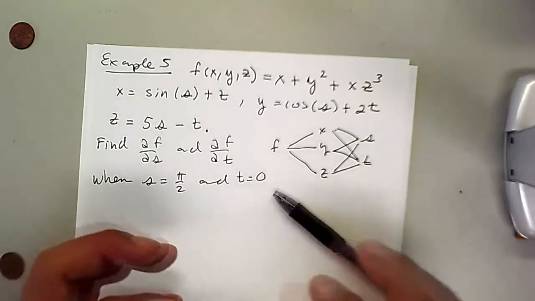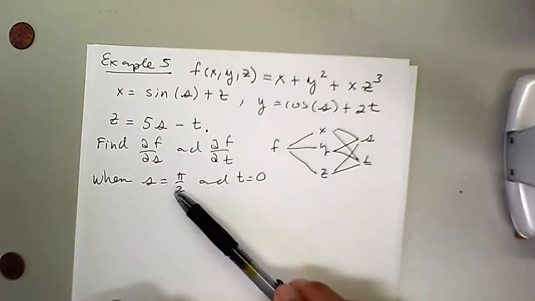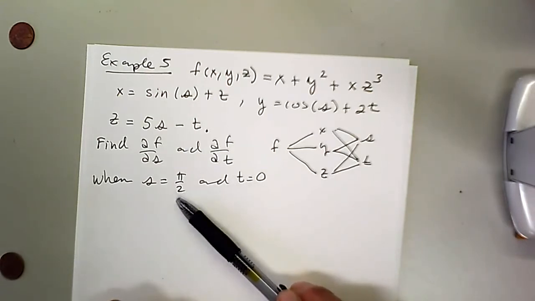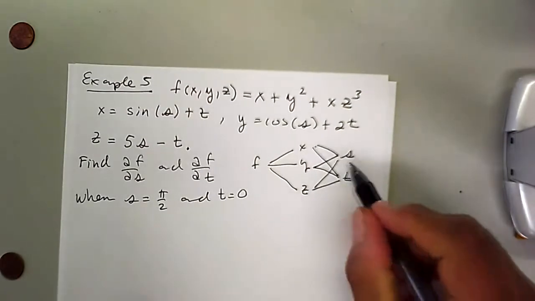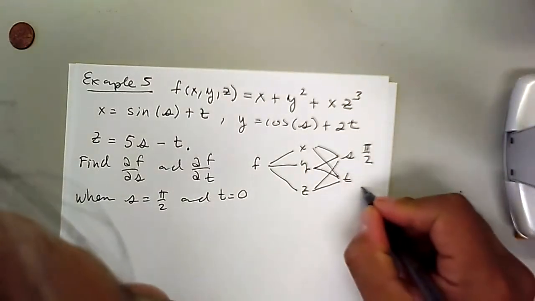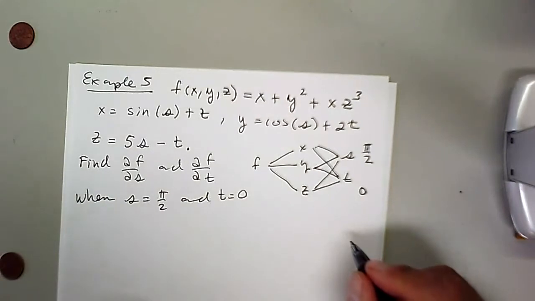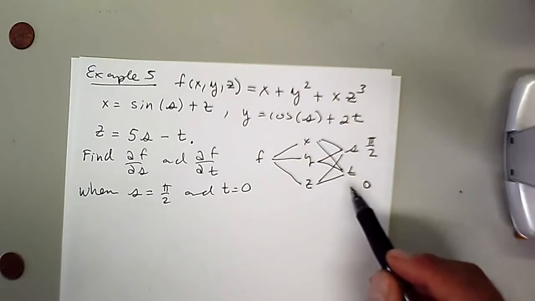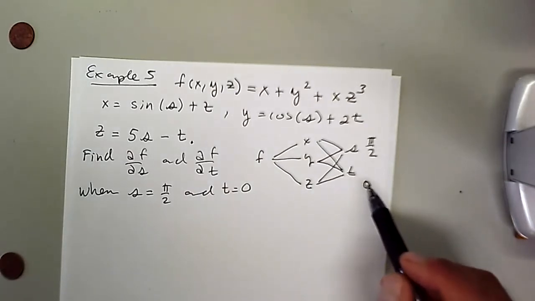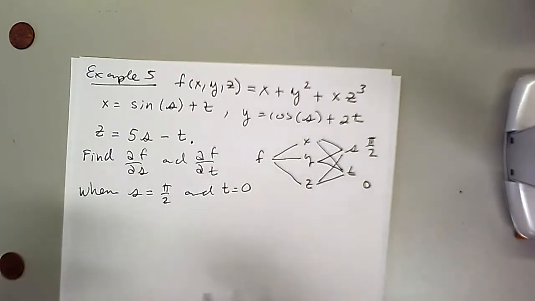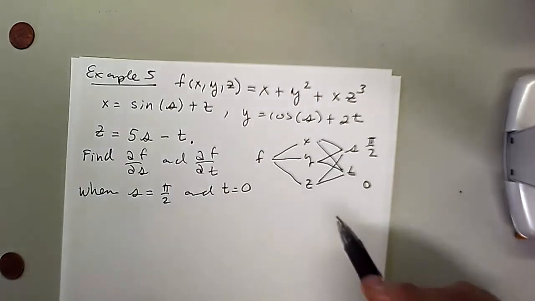However, there's going to be a point in time when we're going to freeze the whole situation, when s equals pi over 2. So I'm going to put a pi over 2 next to the s, and the 0 here, because eventually we want to plug in those values. But that doesn't mean that those values are going to be there all the time. First, we've got to find the relationship between the moving parts, and then we're going to plug in the numbers.